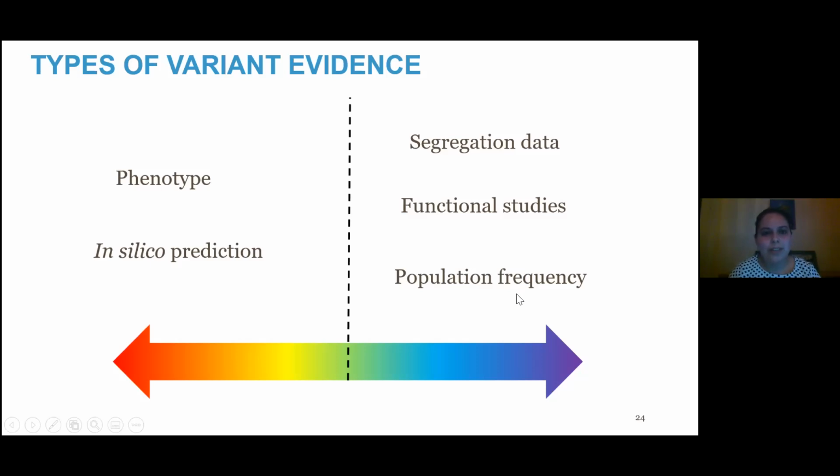And so we usually expect that these conditions are brand new in a child. And then, as Ingo mentioned, there are recurrent variants in SCN2A. So have we seen this change before in someone who has SCN2A related disorders? And again, that's a piece of evidence that is weighted in variant interpretation.